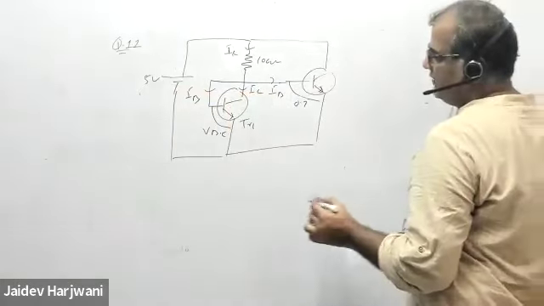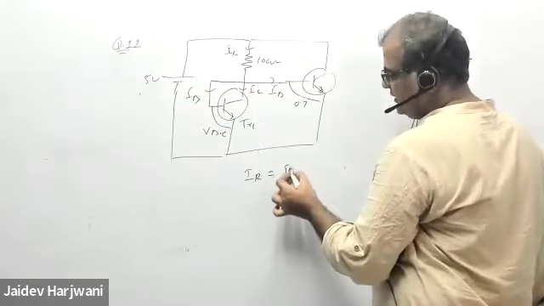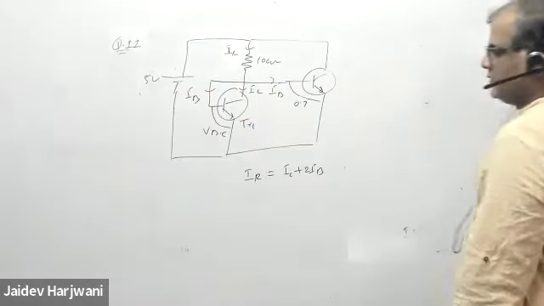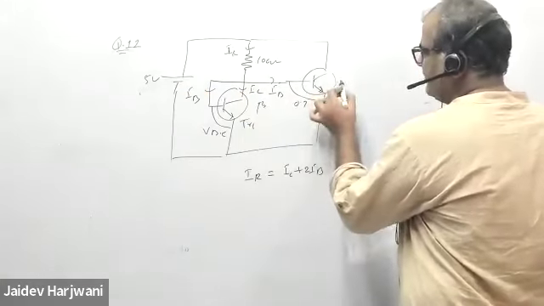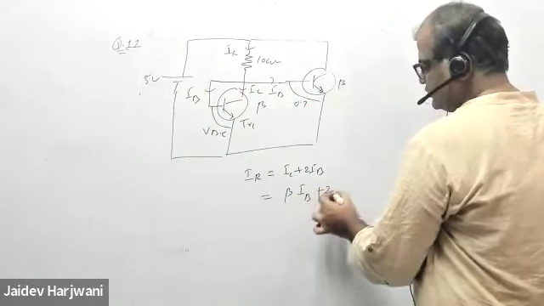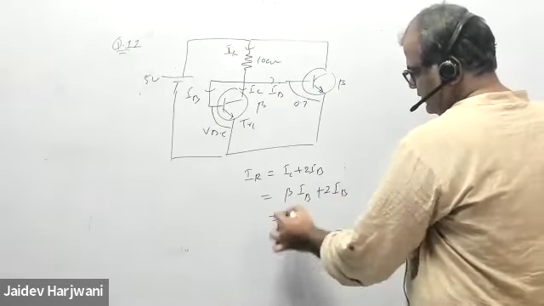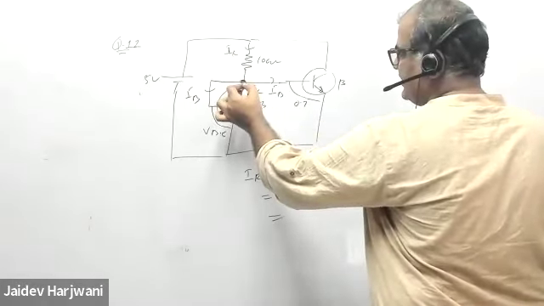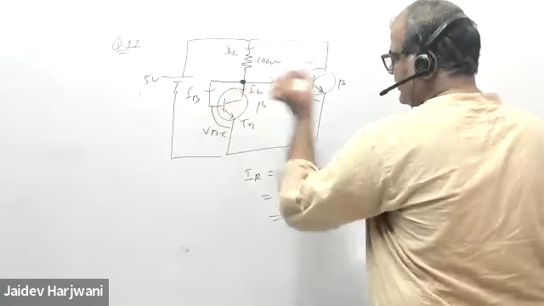So I can say my I reference is equal to this IC plus 2IB. And identical means their beta is also the same, so IC will be beta IB plus 2IB. I can do KCL here: IR is coming, IB is going here, IB is going here, IC is going down.